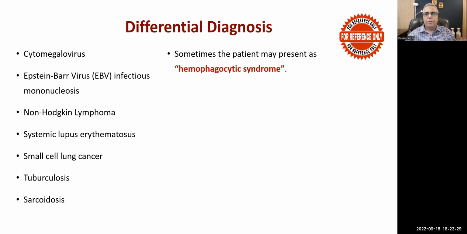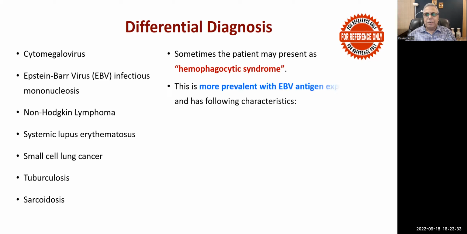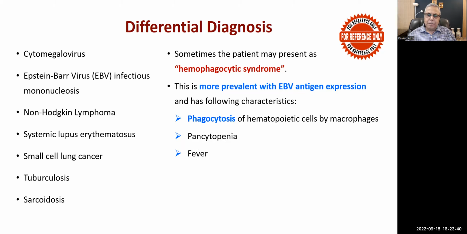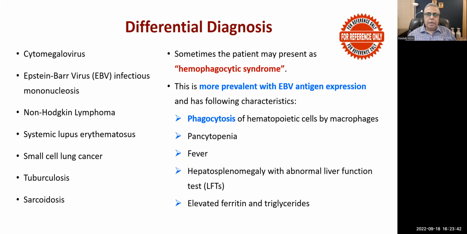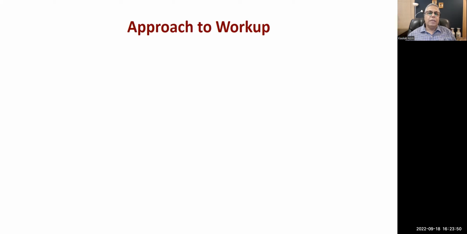And then sometimes the patient may present as hemophagocytic syndrome, which I've given you the details over here. There is phagocytosis of hematopoietic cells, pancytopenia, fever, right? So this slide is for your reference. We will not go into a lot of details, okay? Because we are not directly concerned with this.